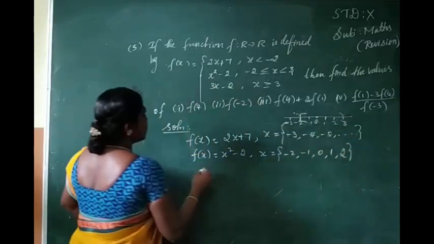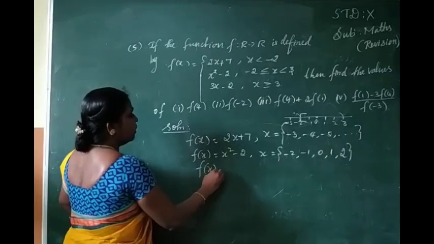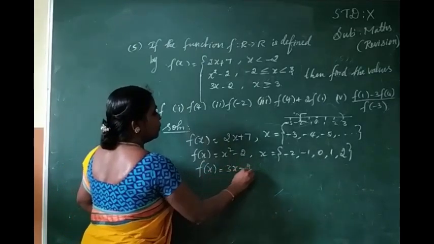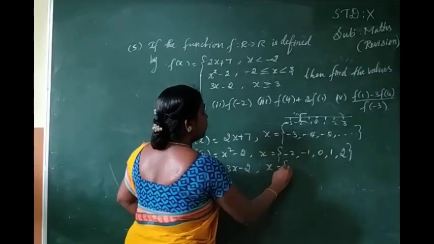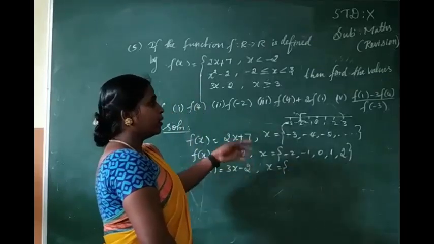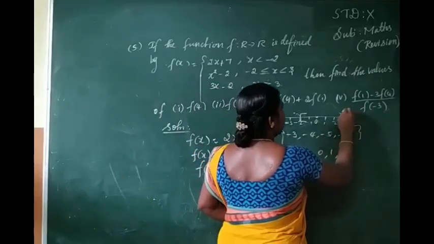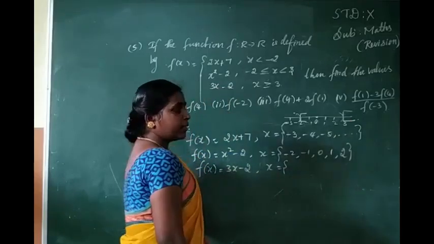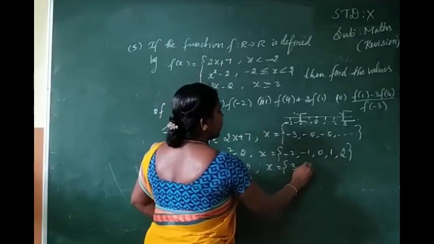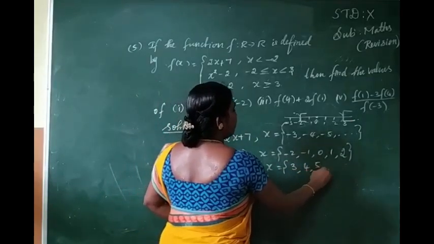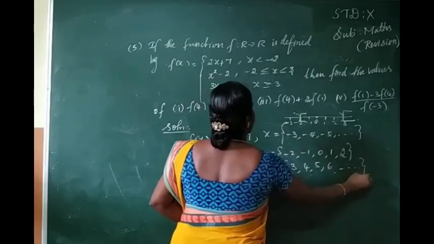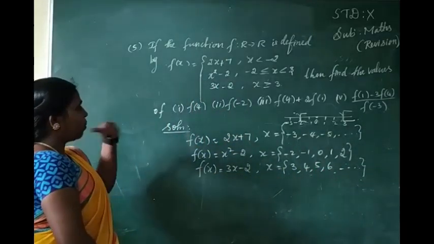Okay, then third one is f of x equal to 3x minus 2, x greater than or equal to 3. So 3 and more than 3. So you can check 3. Greater than 3 is 4, 5, 6, etc. Okay, that's all. Now we are going to do the problem one by one.